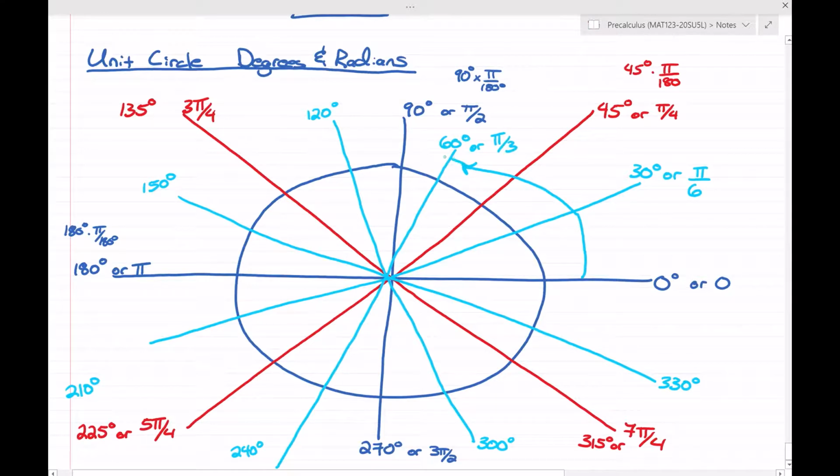This is 3 pi over 6. This is 4 pi over 6. This is 5 pi over 6. This is 6 pi over 6. This is 7 pi over 6.